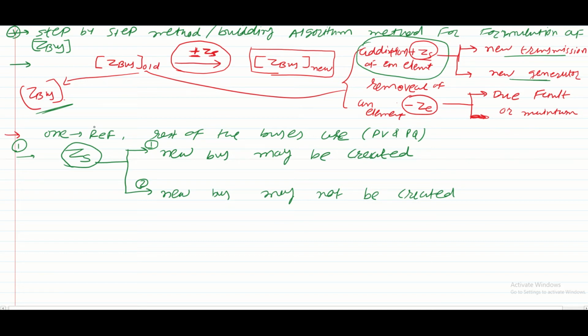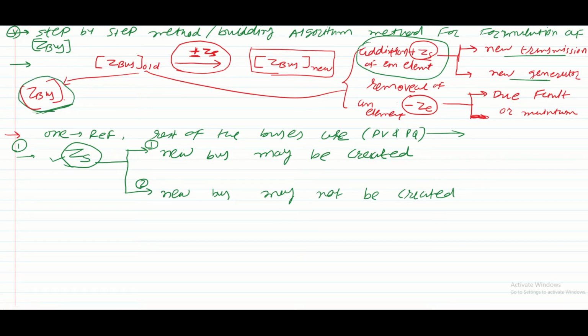One is your slack bus or reference bus, and the rest of the buses are PV buses and PQ buses. In all these buses, there is a possibility of addition of a new transmission line or new generator with the self impedance of Zs. So the new element which has the self impedance of Zs is added into the existing system.